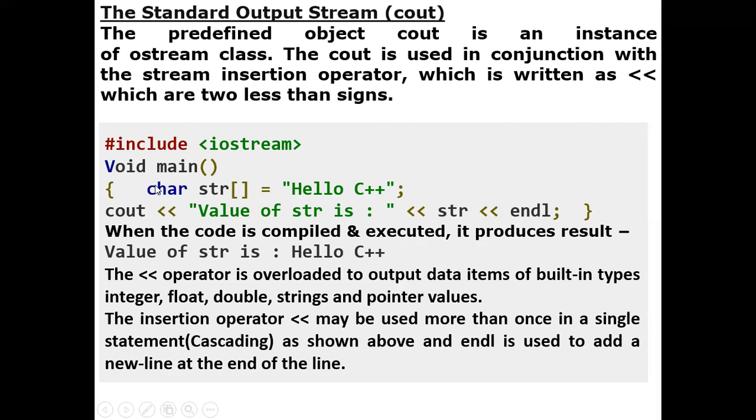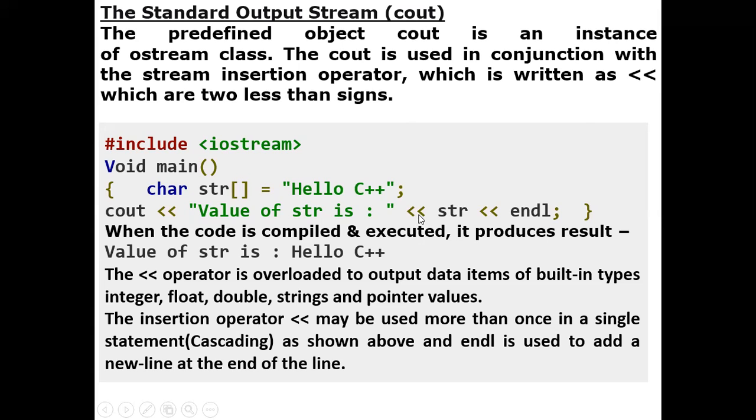Now we can see a small program, void main. We are taking character type data. str is a single dimension array variable of character type, so we can store in this str hello C++, or a stream of characters. Now we are using cout and this insertion operator. After that I have written the message "value of str is".